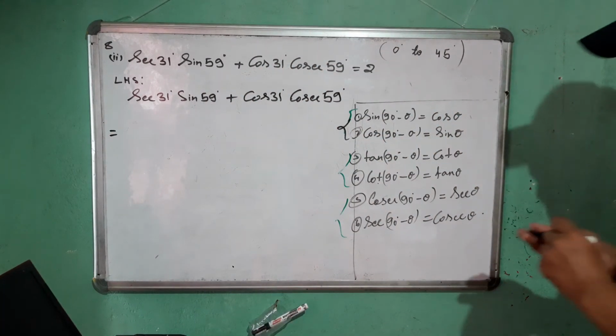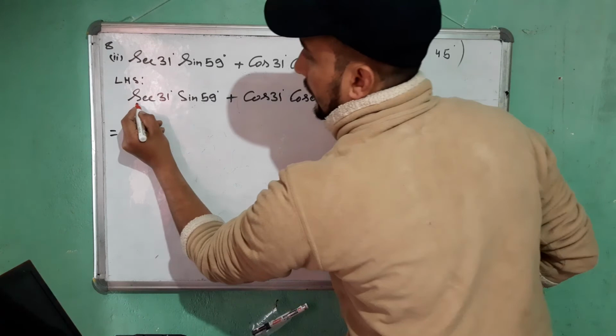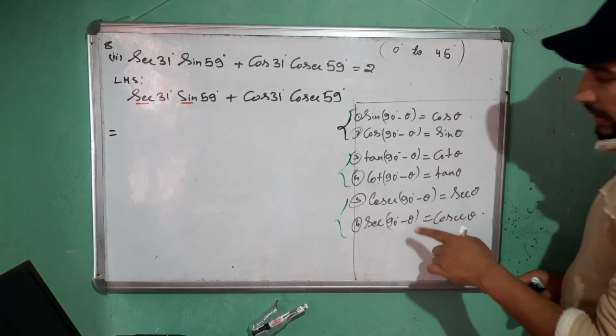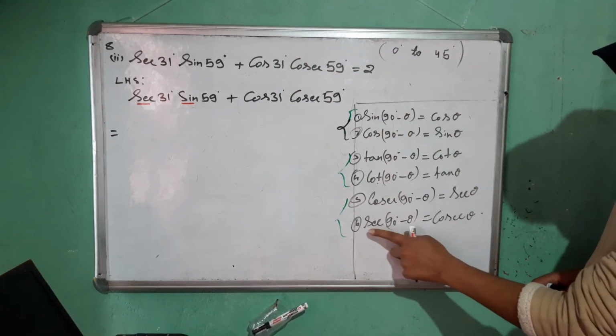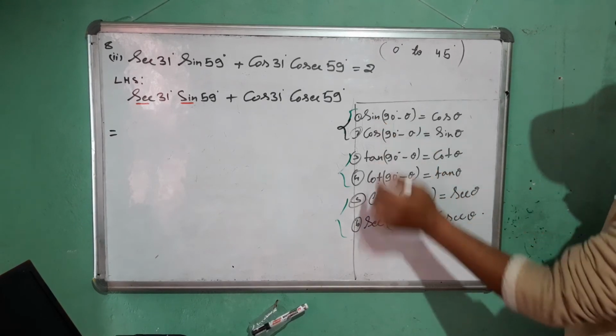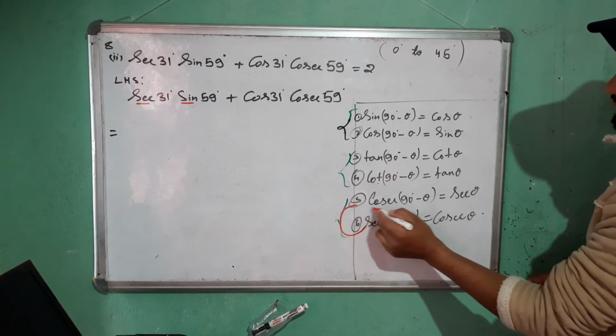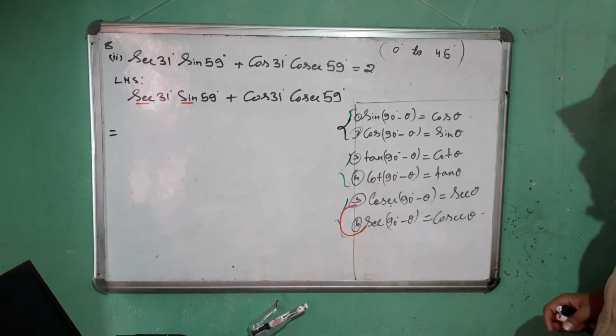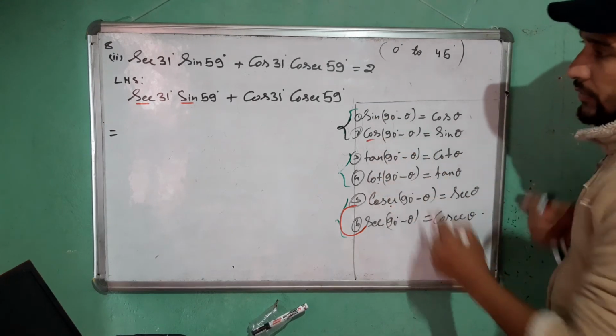From here, see, sec and sine, they don't have complementary relation. Sec is here, sine is here. Sec and cosec, they have complementary relation, okay? And sine and cos, they have complementary relation.